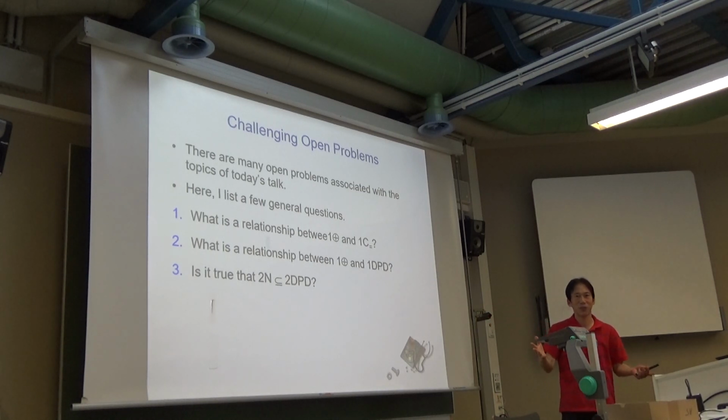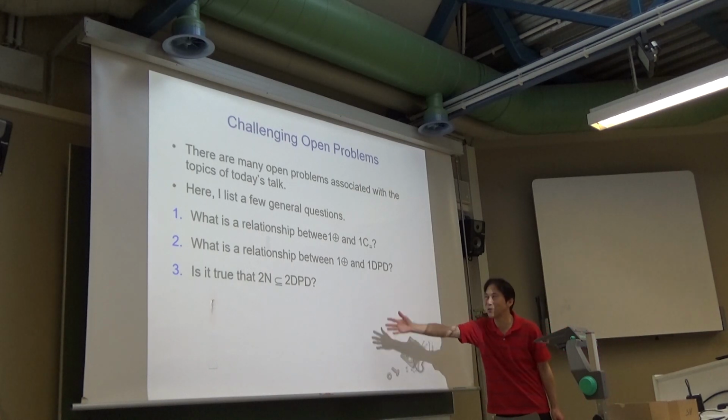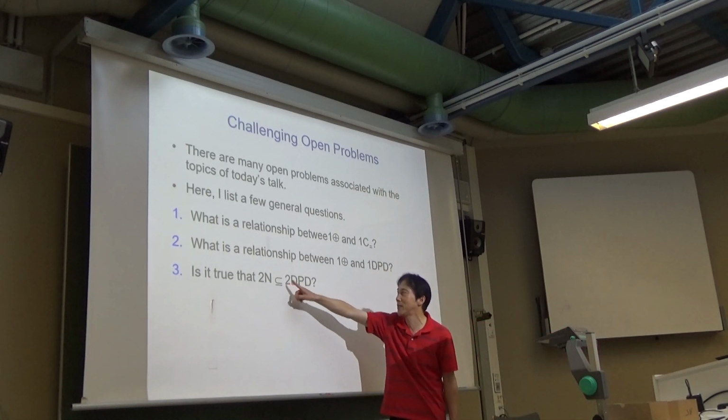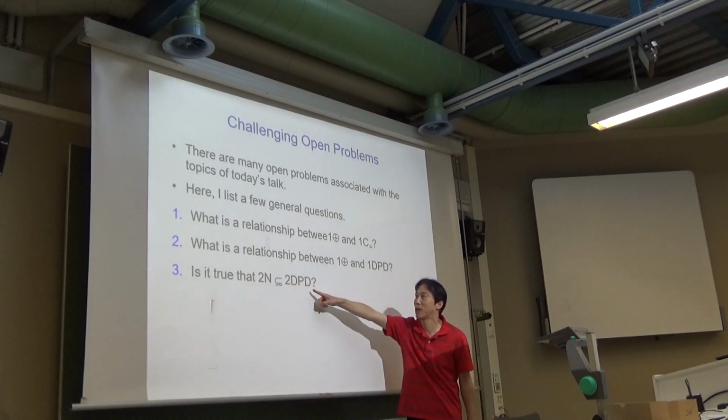We can prove that 1N is different from 1D. But the 2N versus 2D question is associated with the L versus NL question, so we can't really solve that question. Probably we need some kind of assumption, or I'm not quite sure, because this is non-deterministic and this is deterministic, even though we can use a stack.